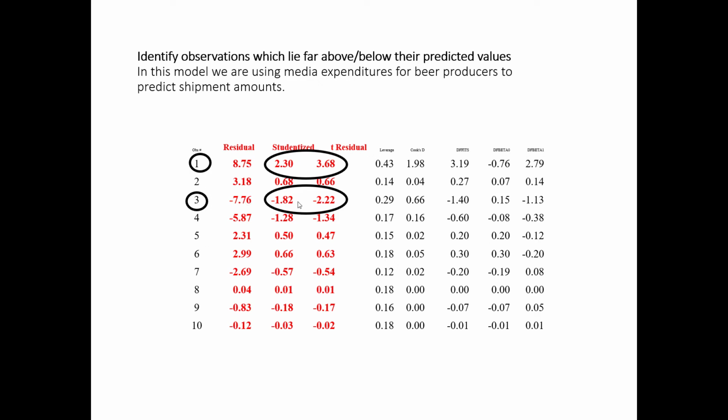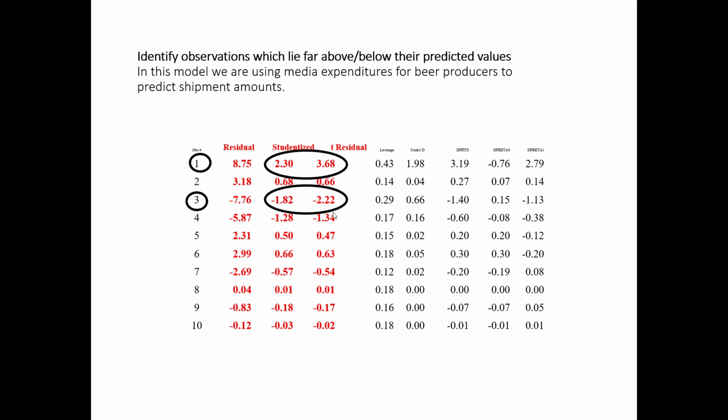Observation 3, well, mixed results there, right? We get a minus 1.82, absolute value 1.82. That is below our cutoff value of 2. So the studentized residual is telling us maybe it's not so influential, but the T-residual is telling us the opposite story. This can be a theme throughout this process.